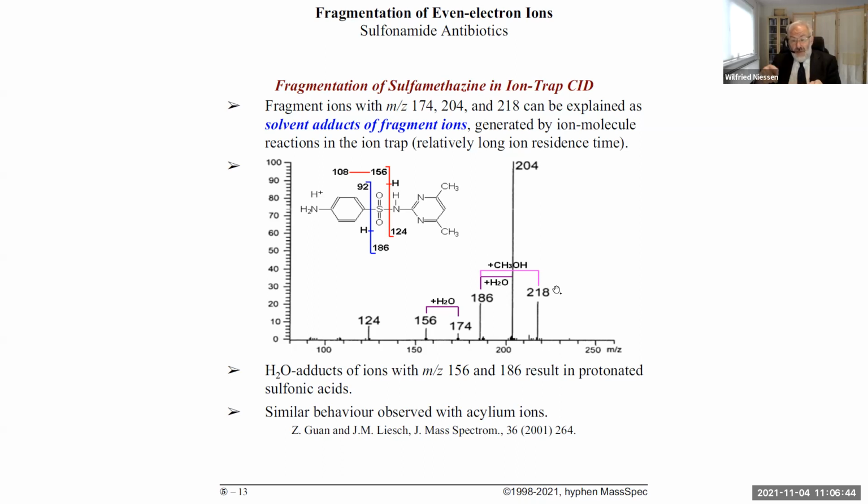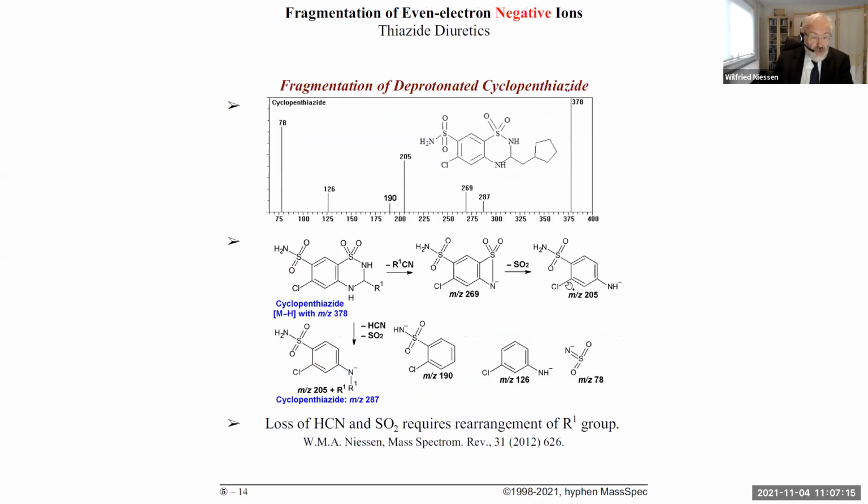This product ion can be explained as the loss of ammonia and the solvent adduct with acetonitrile. Before we changed the mobile phase, we did MSMS on the 174 and saw the loss of acetonitrile. Then we removed the acetonitrile and put in methanol, and you no longer see the adduct. So these solvent adducts occur, and if you use an ion trap, you have to be aware of them. This is a good example to show what is going on.